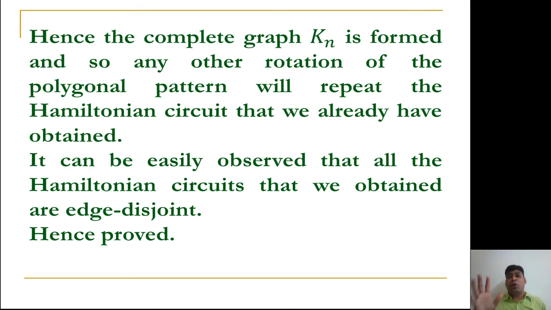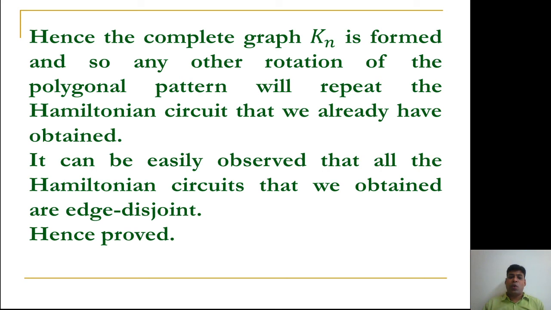And since the number of vertices is n and every vertex has degree n minus 1, it should be a complete graph again. So the total graph is covered, so no more edges can be added which will be edge disjoint from the former ones, right? Now if you add one more rotation, it will have edges repeated from earlier rotations, or from earlier Hamiltonian circuits.